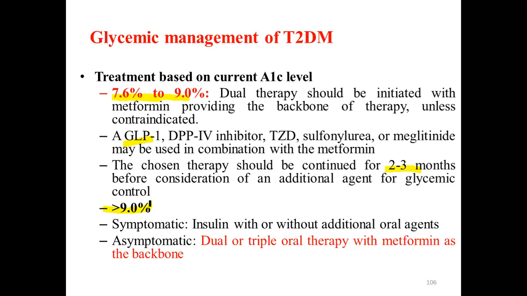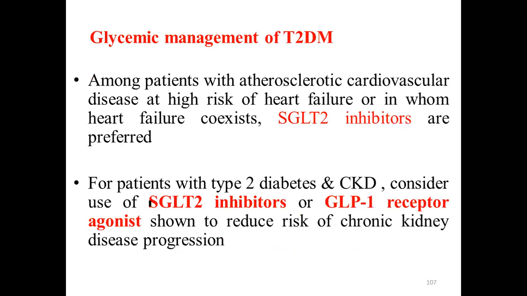So this is the principle of treatment in type 2 DM. When the glycated hemoglobin is lower, use monotherapy. When it is high, consider combination therapy. When it is very high, consider even triple combination therapy.